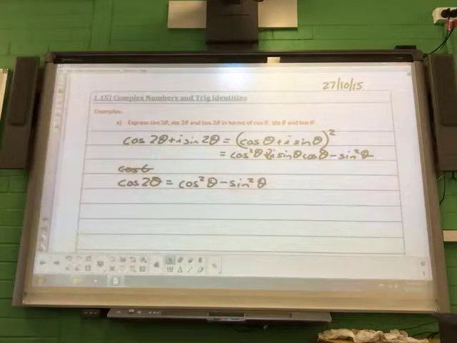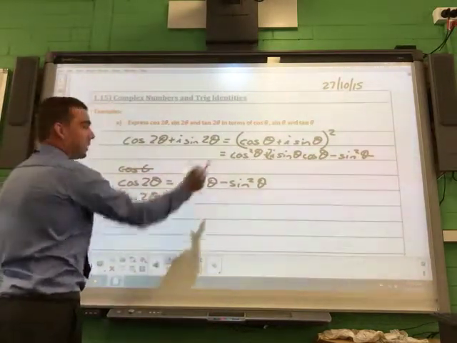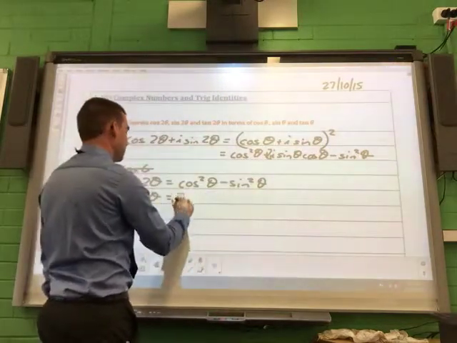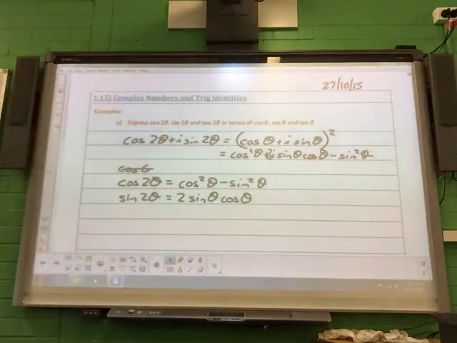That looks familiar, and that's the result we did in Extension 1 trig, the double angle result. And the imaginary part, so sin 2 theta is going to equal 2 sin theta cos theta. That also looks very familiar.